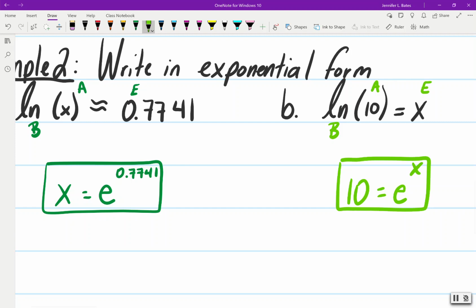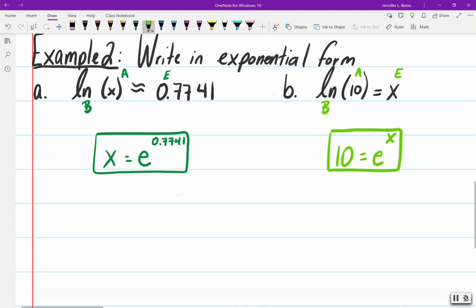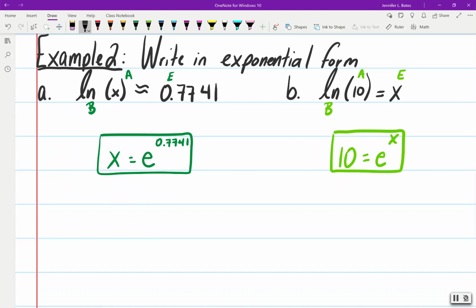Okay, so this is the same as we've always done, but it's also different because we have to remember natural log is base e. Now, the natural log is still a log, so all of those log properties on the whiteboard still apply to the natural log.